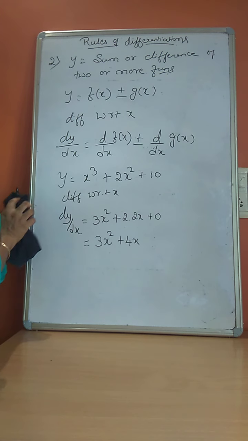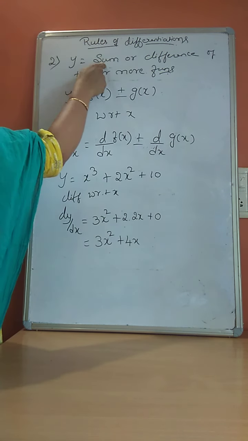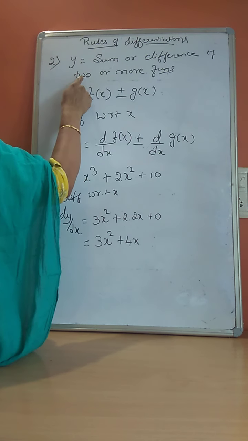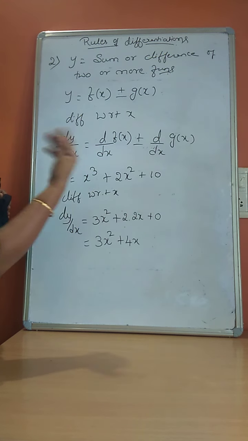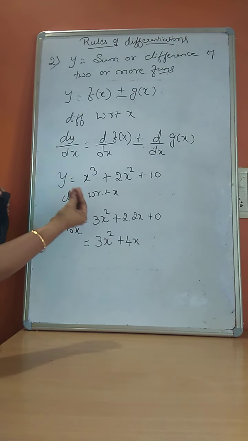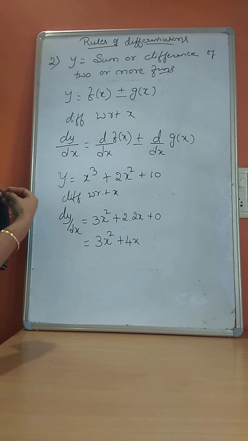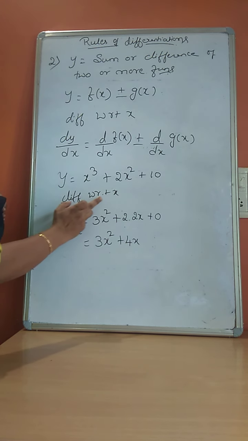Take another example. Sum or difference of two or more functions. It may be a sum or a difference; if there is more than one function, how do we differentiate? Nothing but differentiation with respect to x.